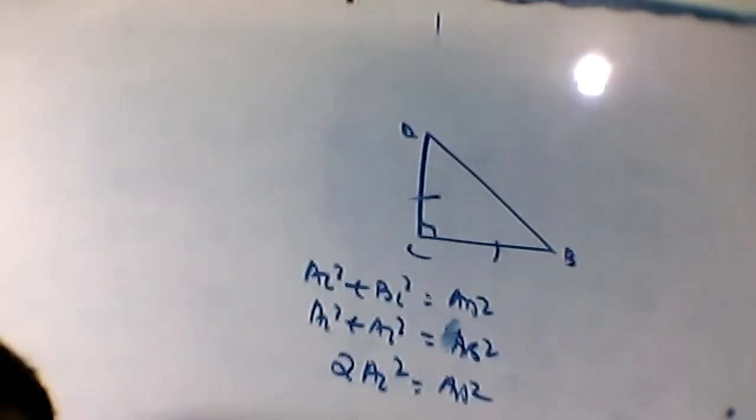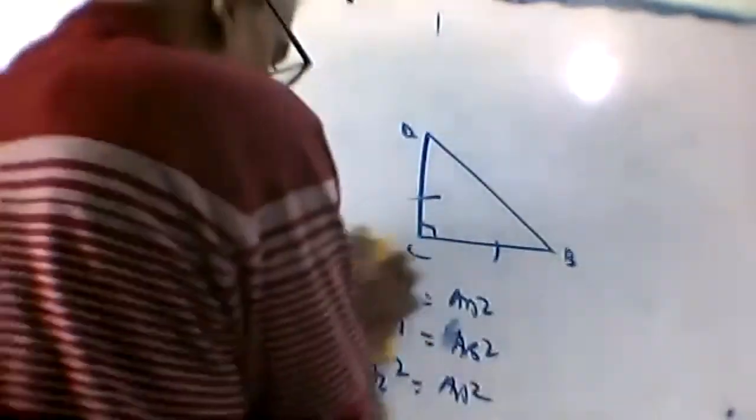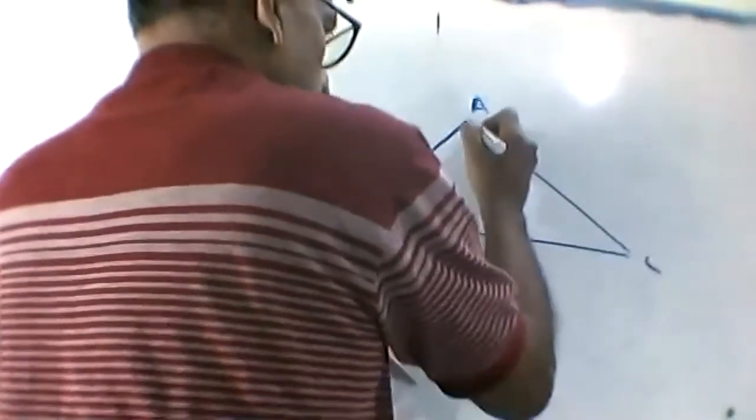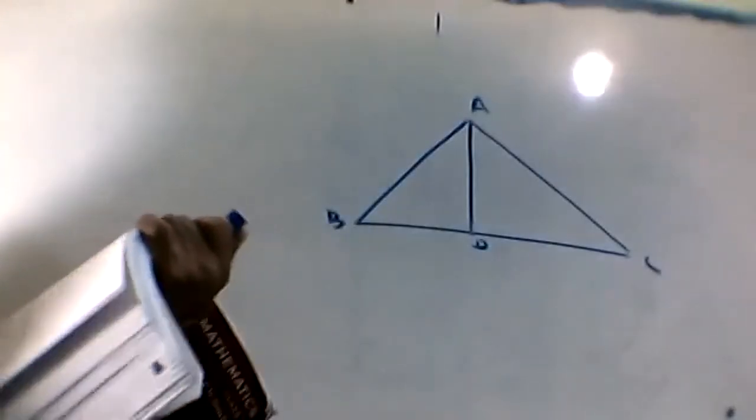Okay, right now. In triangle ABC, AD perpendicular to BC.